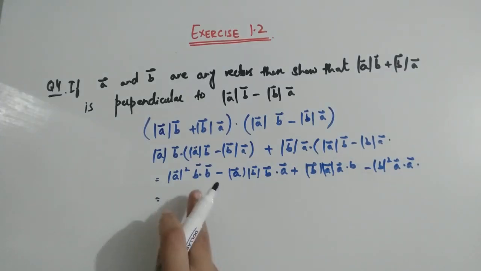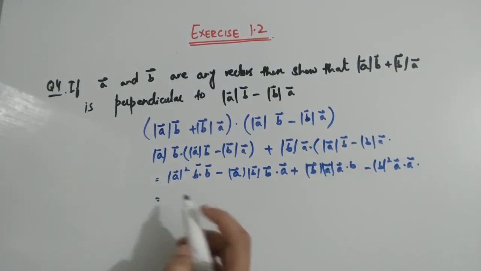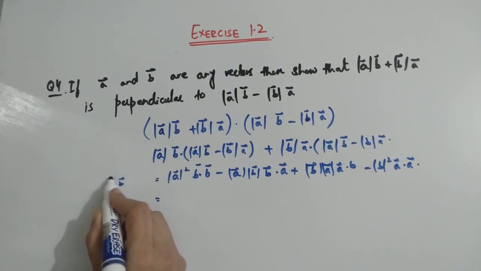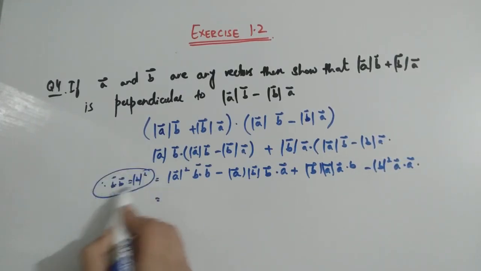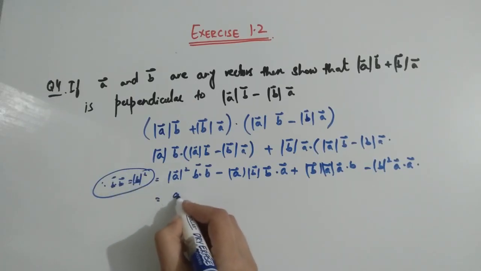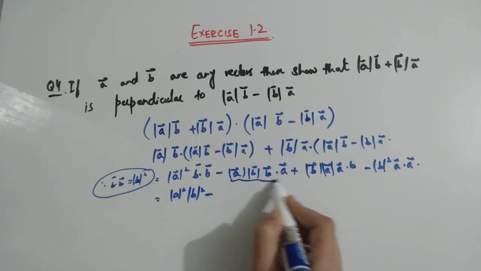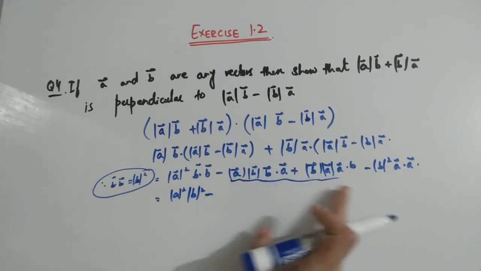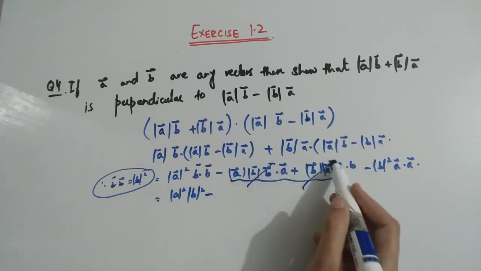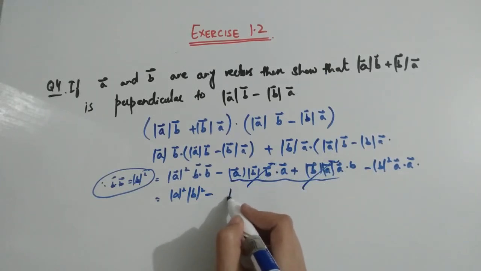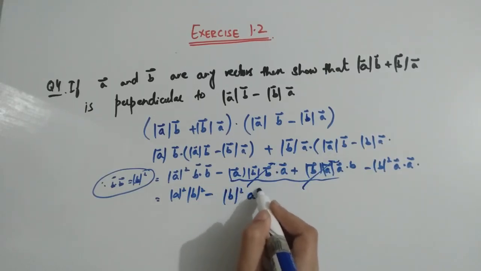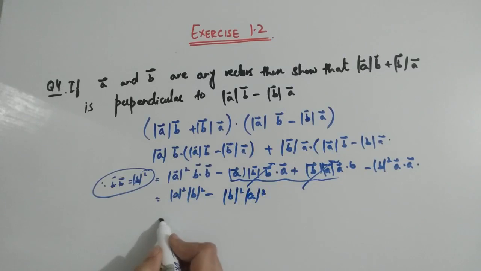Now this is a self product, and b dot b equals |b| square. This is the fact you can use: |a| square |b| square minus these two, which are equal because a dot b and b dot a are equal by commutativity, minus |b| square |a| square. Now these two are equal, so the answer will be 0.